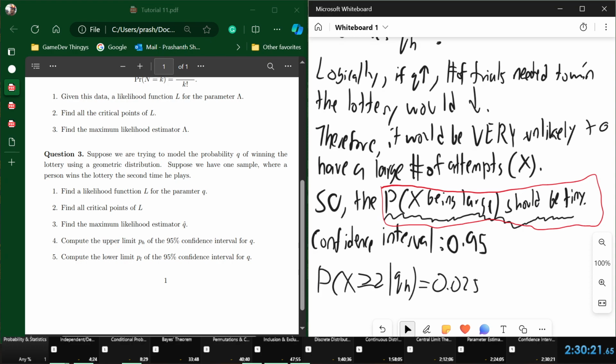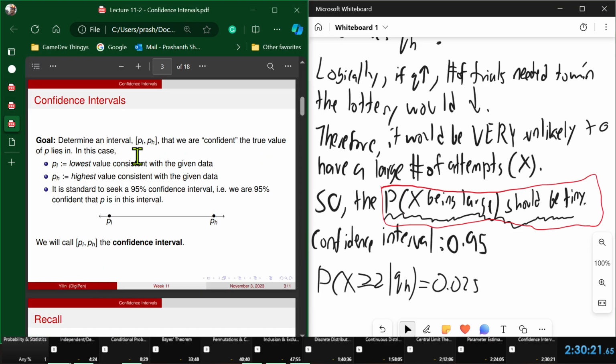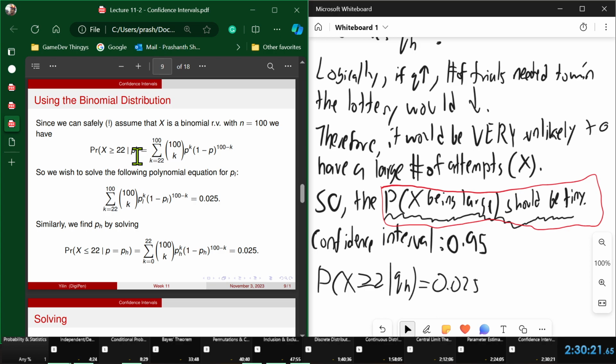What does anything mean? This means you will be unlikely to have a large number of attempts, which is x. X is the number of attempts. Probability being large should be tiny in this case. Can this logic still work with the lecture questions? Because if it does, things might start making sense.